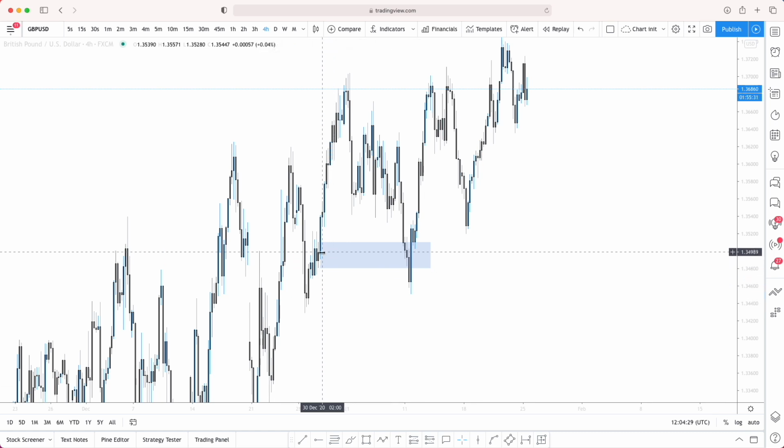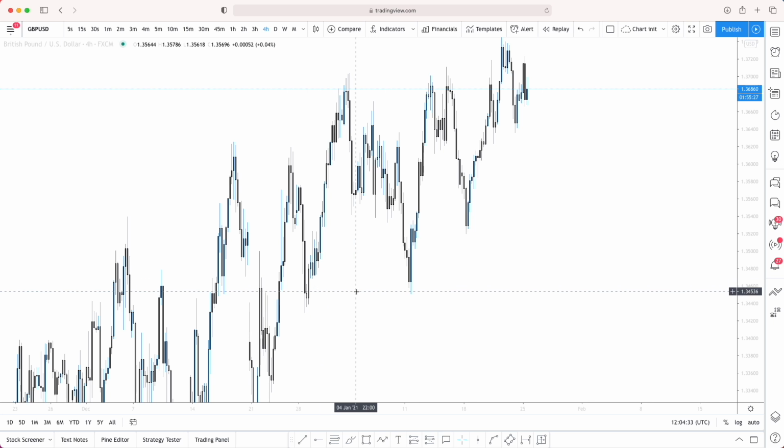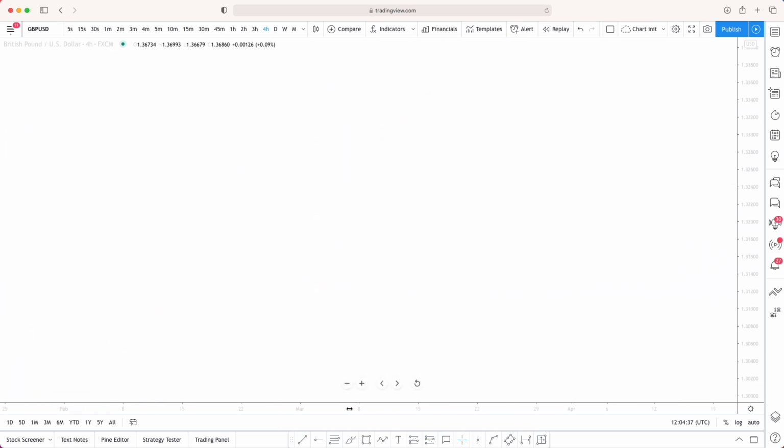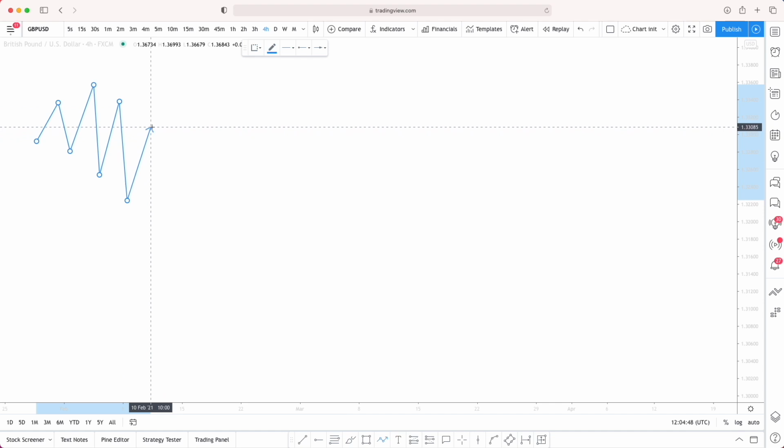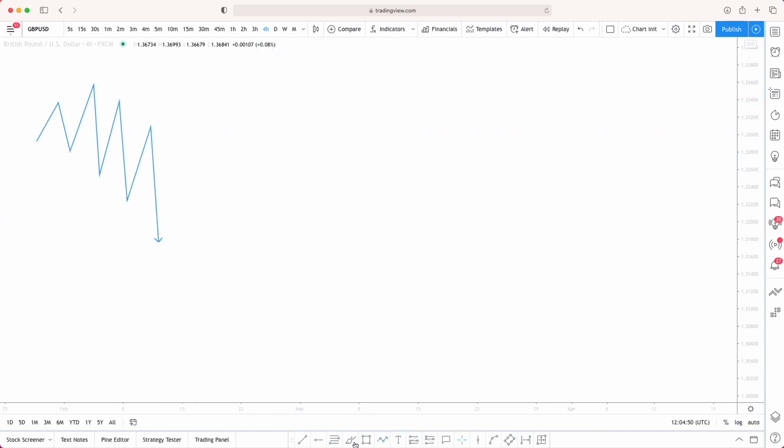And how it works, we need to wait for price to come to the order block, and then we're going to look for entry criteria again. So if I go over the entry criteria again, for a sell, the entry criteria is this, exactly the same as before, and the second one is this.